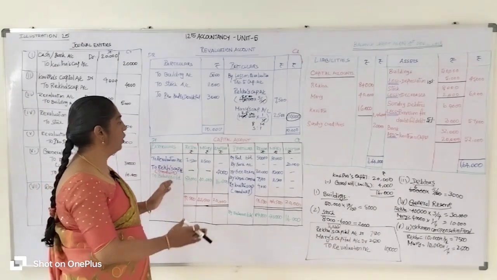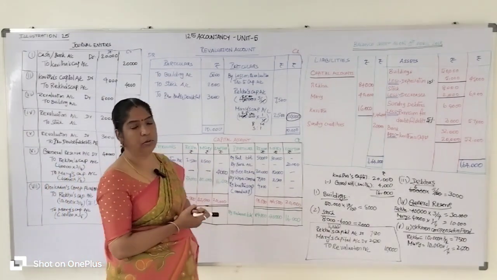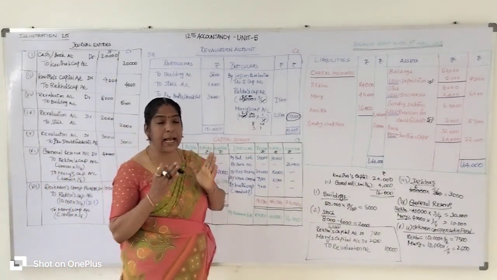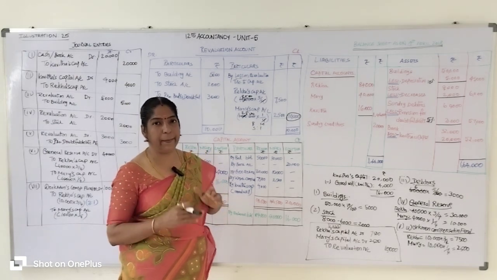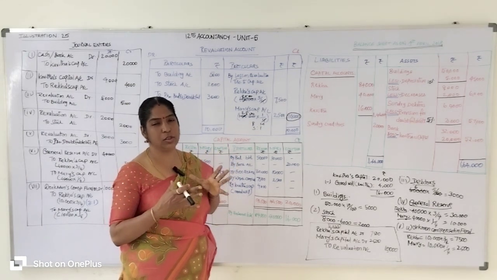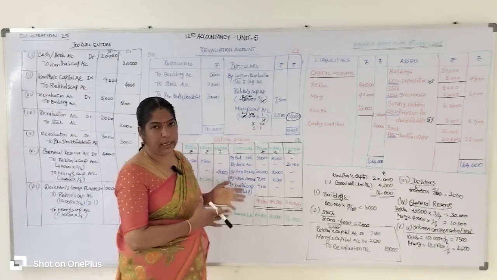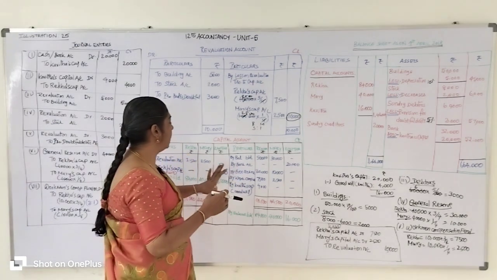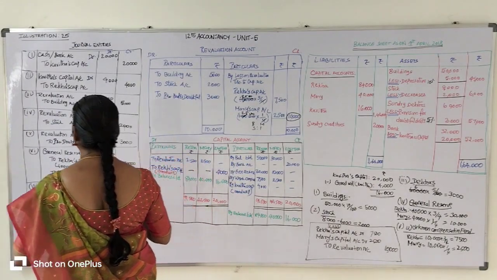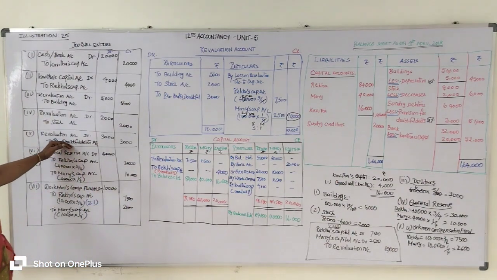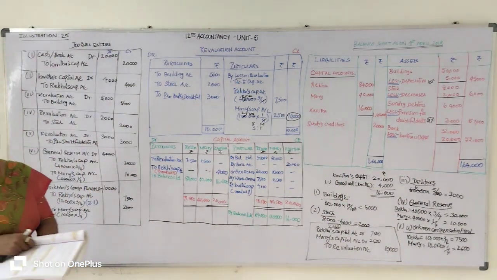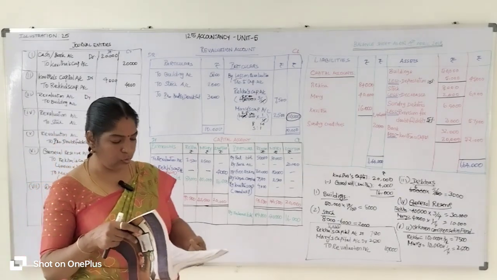Okay, now we are going to prepare the capital account. Even if they didn't ask to prepare the capital account, we need to prepare it because we have lots of adjustments in the capital account. Okay, so listen here carefully. Up to this point we prepared the journal entries. Listen to the question.